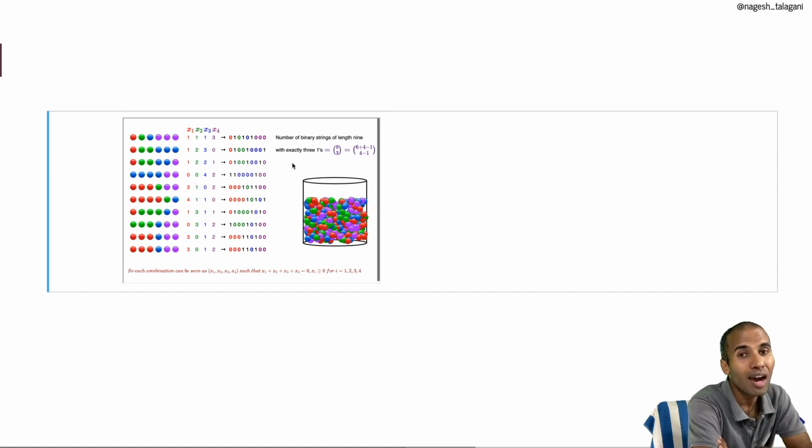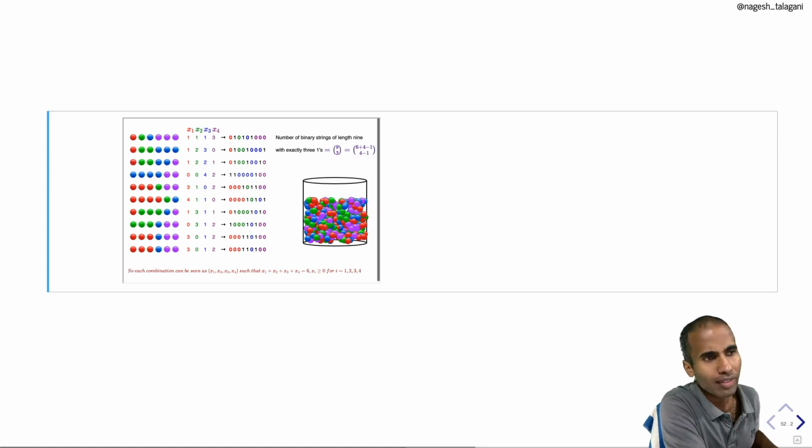If there are r colors, we would have used r minus 1 separators. That means ones. The number of zeros will be exactly the same as the number of gems we are grabbing here. So these combinations with repetition are recognized as binary strings of length 9 with exactly 3 ones.